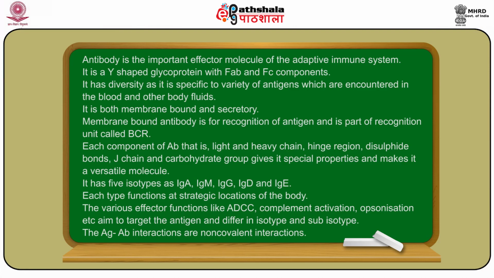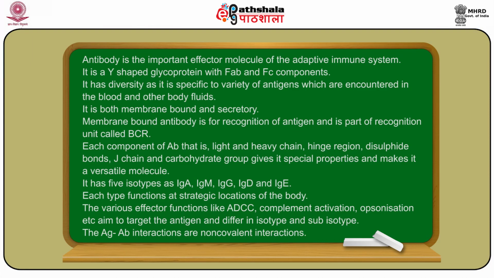It has diversity as it is specific to variety of antigens which are encountered in the blood and other body fluids. It is both membrane bound and secretory. Membrane bound antibody is for recognition of antigen and is part of recognition unit called BCR.